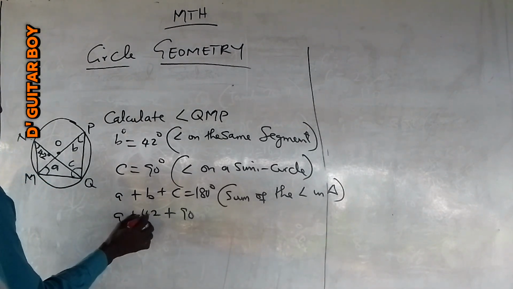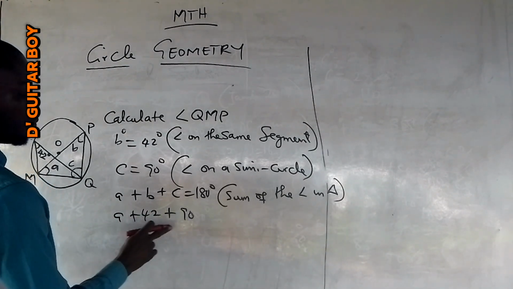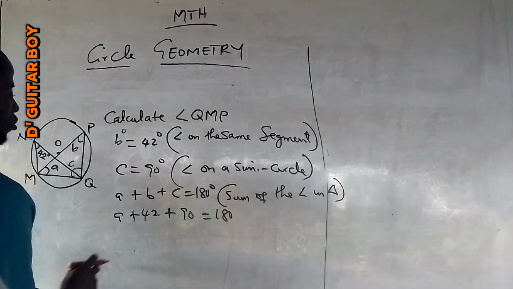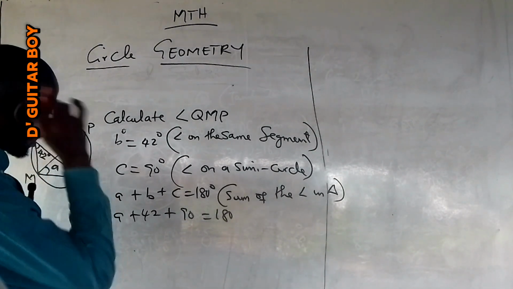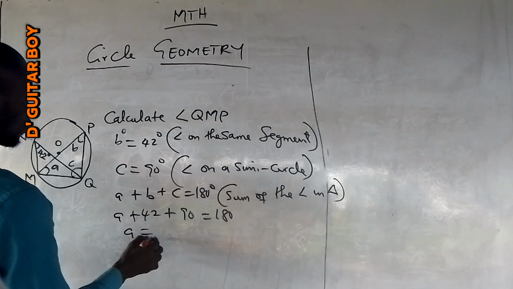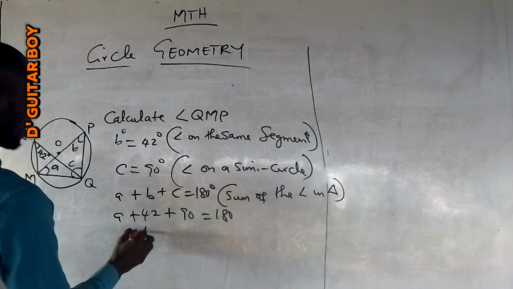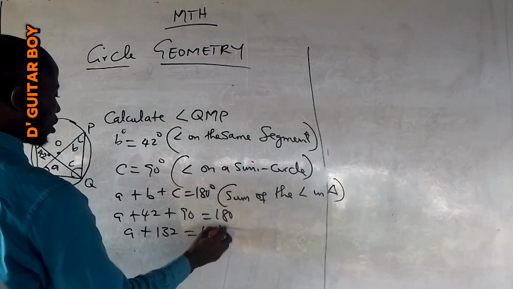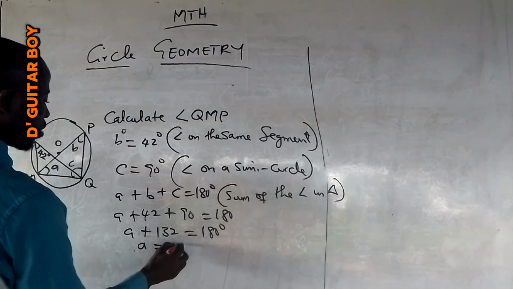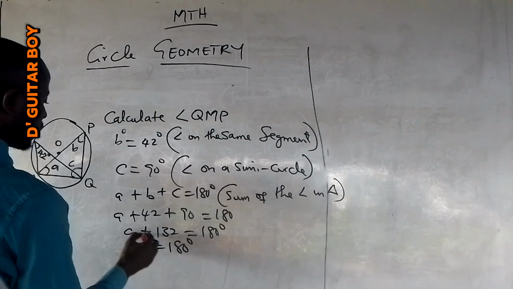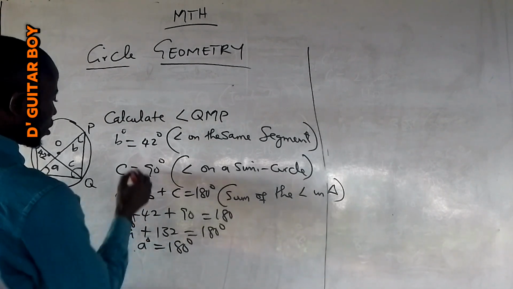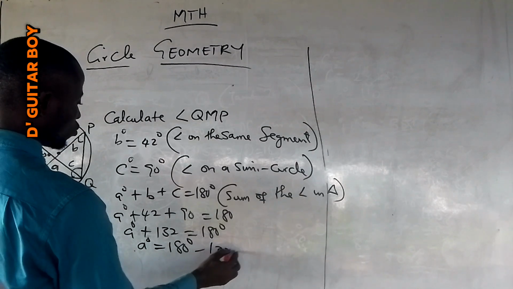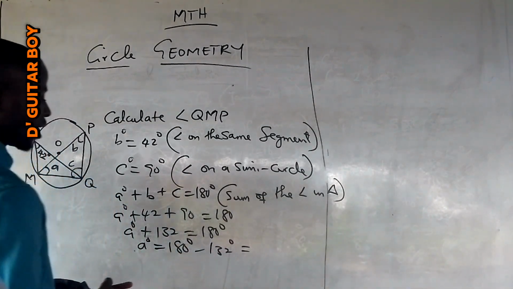So we have A plus 42 plus 90 equal to 180. When you add these two together, it will be 132. So A plus 132 equals 180 degrees. A is equal to 180 minus 132 degrees.